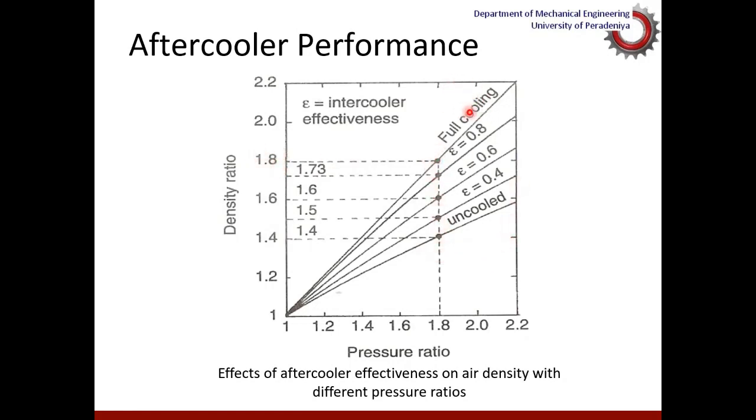We will not be able to achieve full cooling, but usually, as I said earlier, the effectiveness could be between 0.6 and 0.8. Therefore, this density ratio could be increased from 1.4 to 1.6 or 1.73, for example. So we could boost the density ratio in that range using aftercooling.